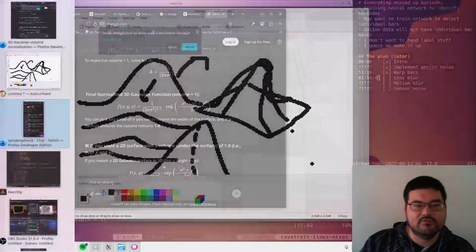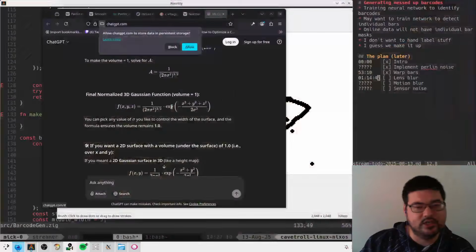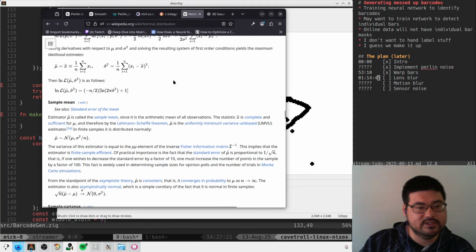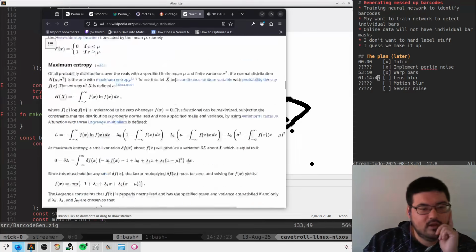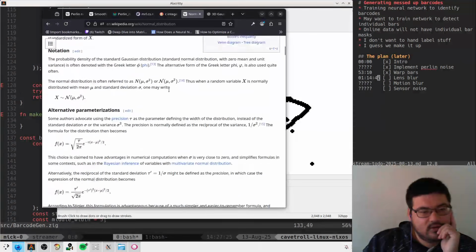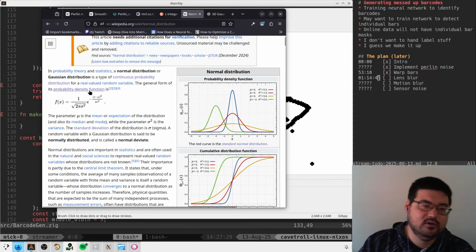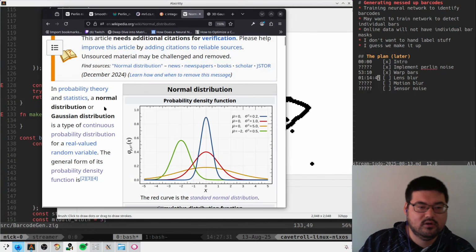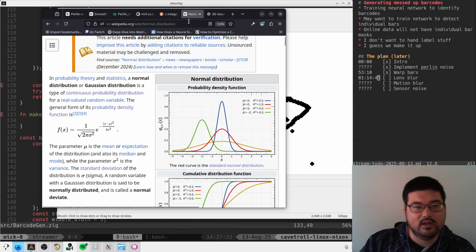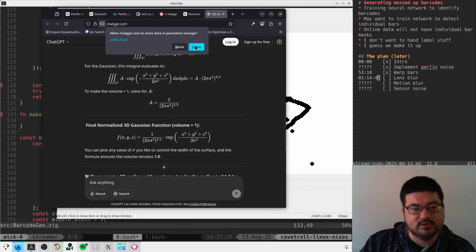Interesting. So he's kind of extended the existing function to more dimensions, right? So he's taken this and he's just thrown in an extra dimension here, right?